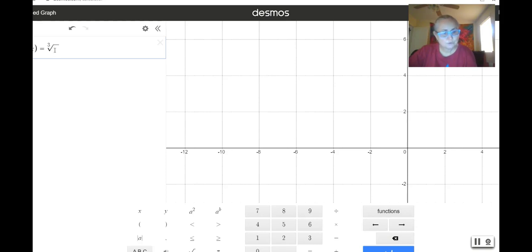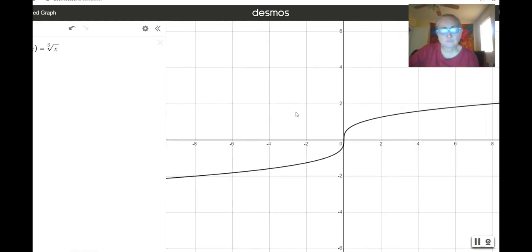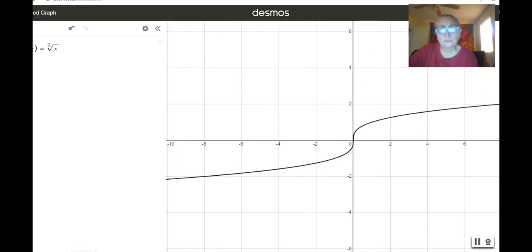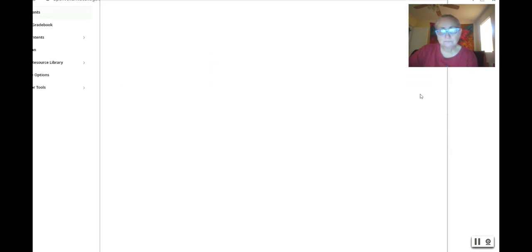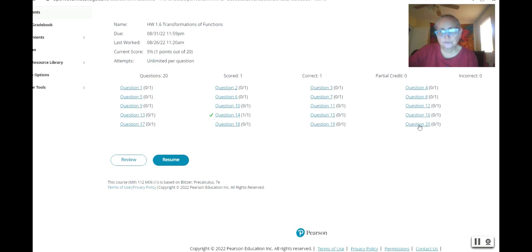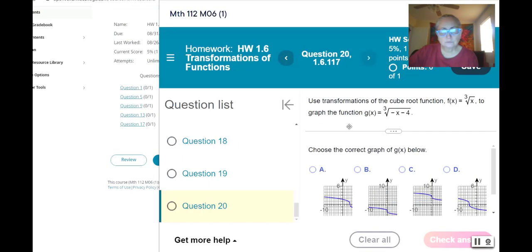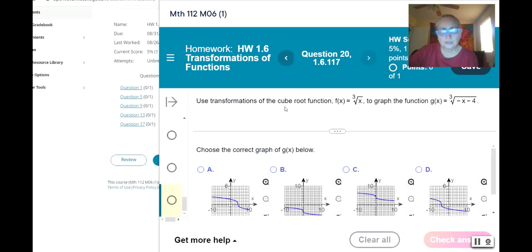And here's the cube root of x. Okay, this is what the original basic graph looks like. Now, I want to do the opposite of x, a reflection of x, and -4.